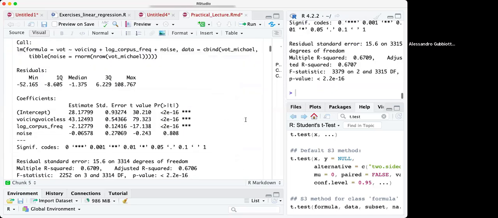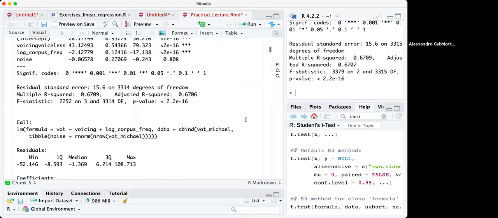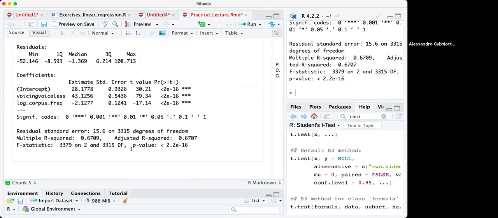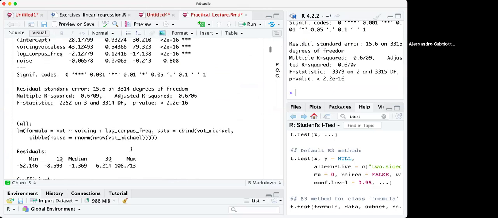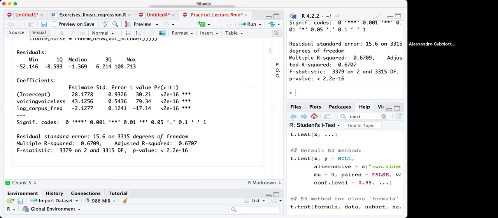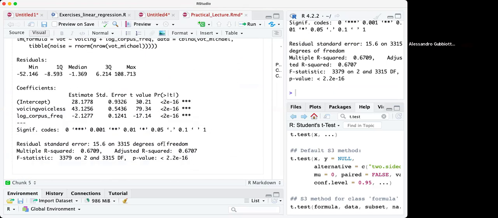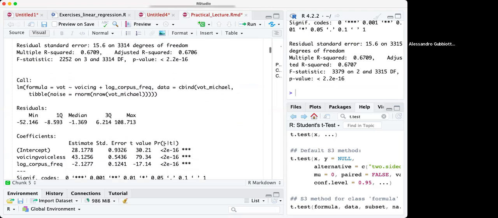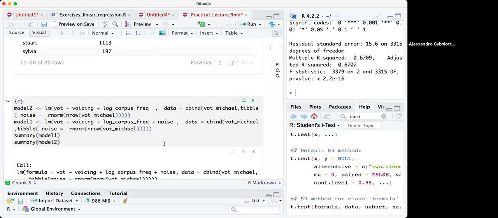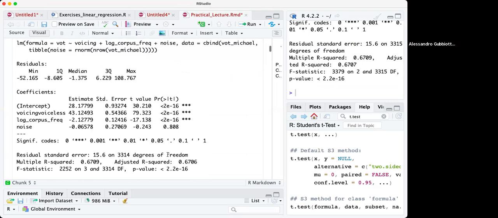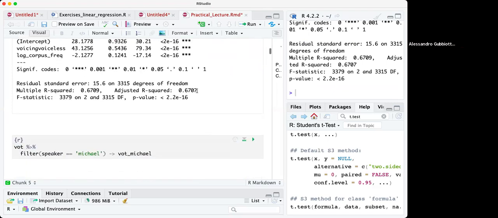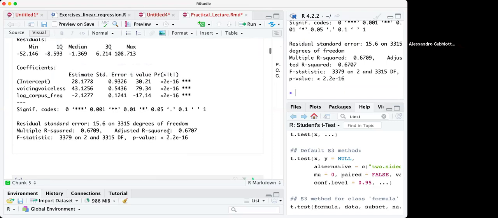Okay, let's see the difference. The multiple R squared is the same, but the adjusted R squared has increased in model 2, the better model, which has a better adjusted R squared.